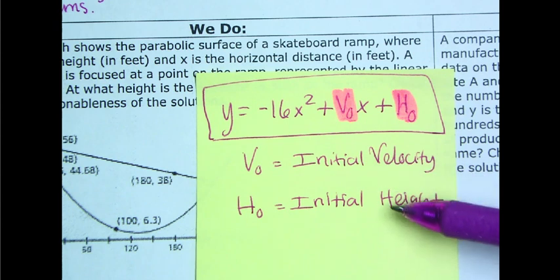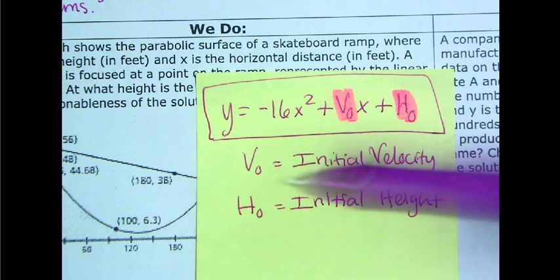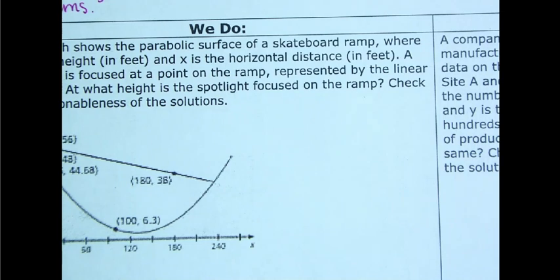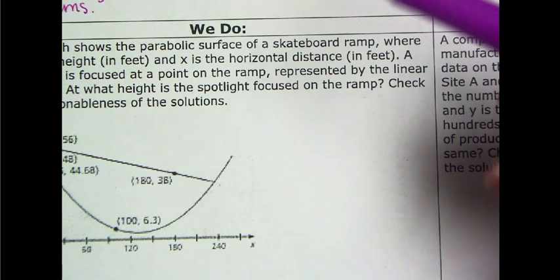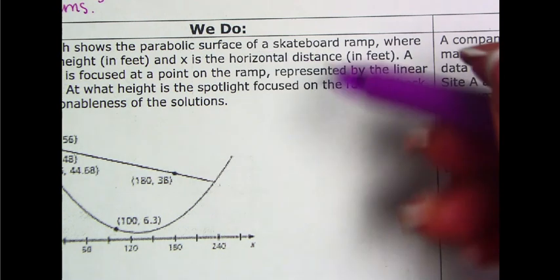But if they don't mention initial velocity or height, then you have to create those equations yourself with quadratic regression, and you might also need linear regression.